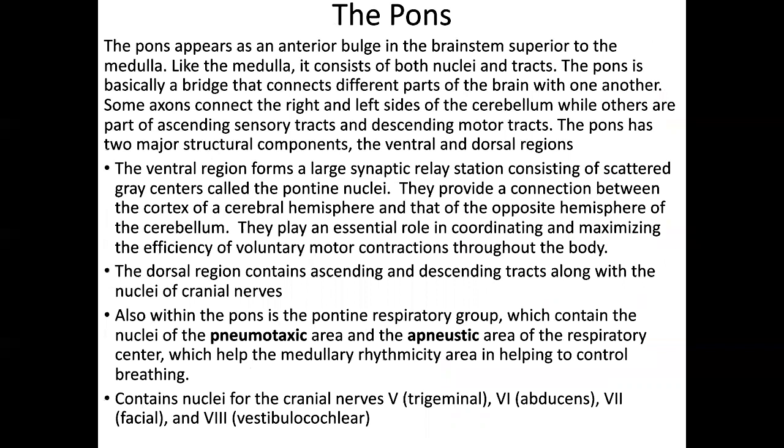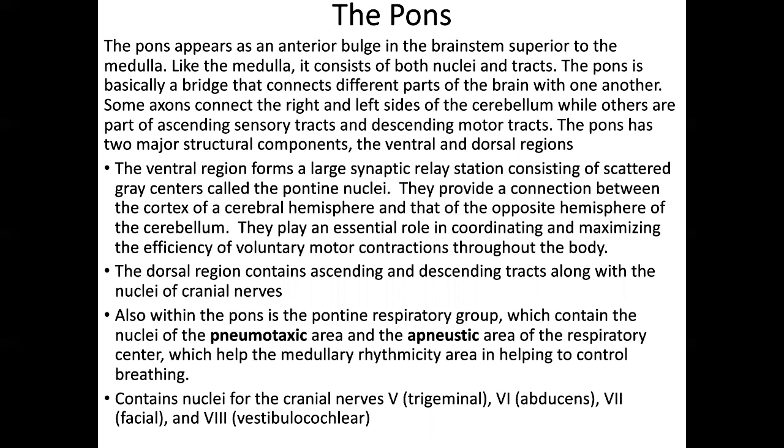Another example of crossing over, this time in the pons from the cerebral cortex to the cerebellum. The function of those pontine nuclei is to play an essential role in coordinating and maximizing efficiency of voluntary motor contractions throughout the body. So they help make sure we're efficiently contracting our muscles.